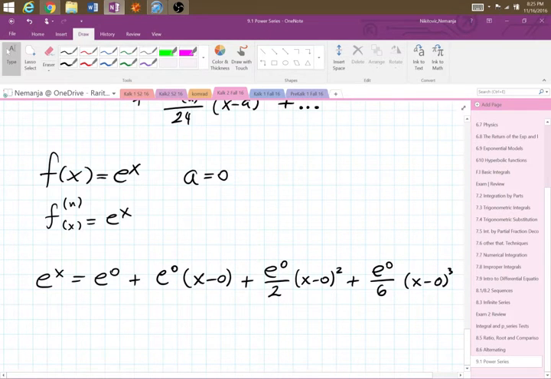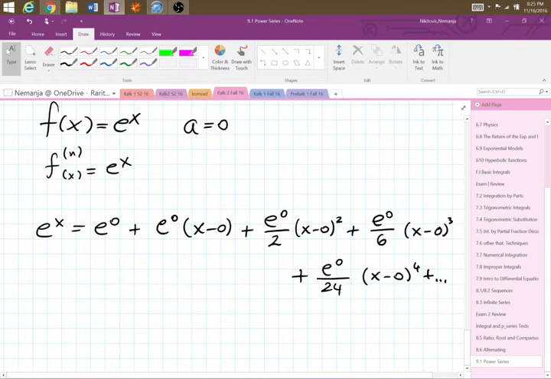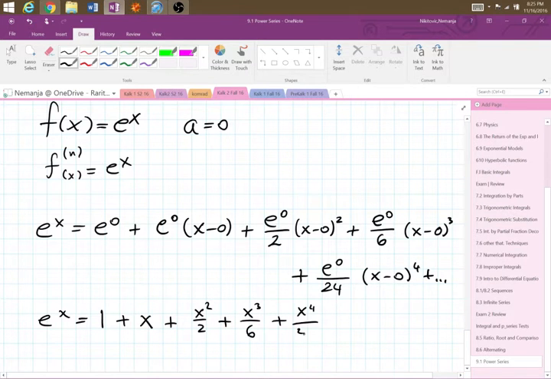I'll write also this one. Fourth derivative divided by 24, x minus 0 to the fourth, going on forever. So what do I have? I have that e to the x is equal to 1 plus x plus x squared over 2 plus x cubed over 6 plus x to the fourth over 24 plus dot dot dot.